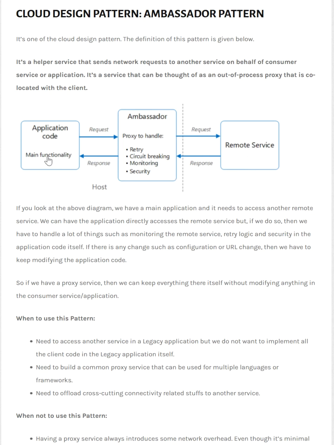Because if you want to access this remote service directly in this main application, then you have to have all the client code that would talk to the remote service, such as retry logic, circuit breaking, monitoring, security, logging. A lot of things you have to take care of. So you have to keep all the logic over here.